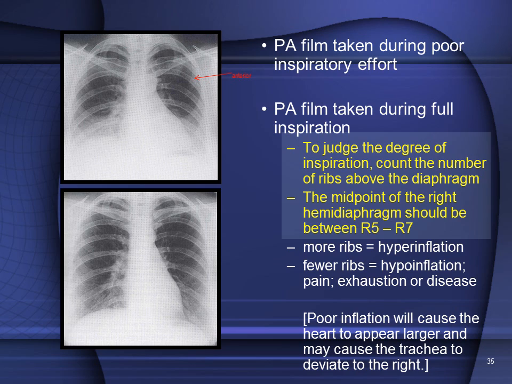This is one method that is used. You can use the posterior component of the rib. The posterior component of the rib looks as if it's coming out towards you out of the film, versus the anterior component, which looks as if it's going away from you into the film.